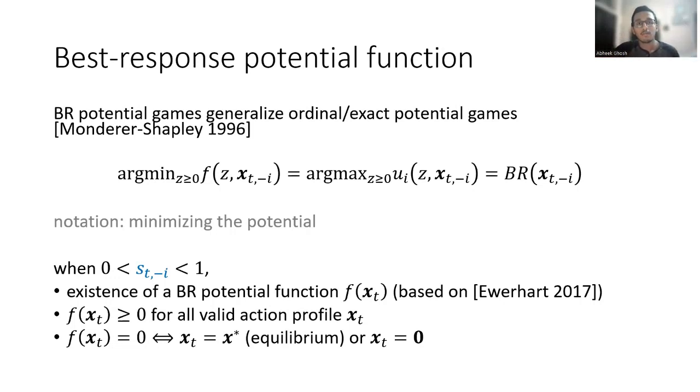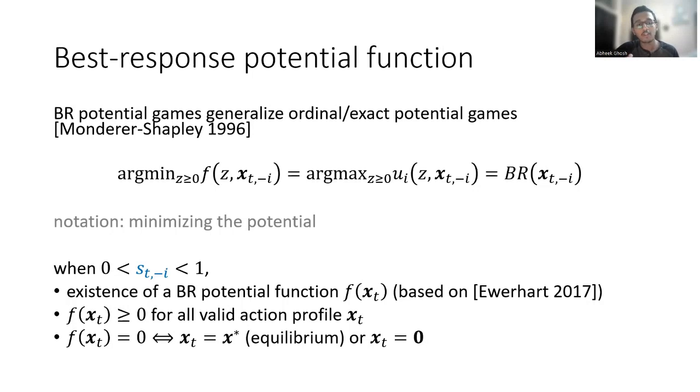Now, this is what the best response potential means. In this paper, we show that when the total output of all the other agents, except any particular agent i, is strictly between 0 and 1, then the best response action of agent i has this form, where it corresponds to minimizing a potential function f. So we show the existence of a best response potential function in this special restricted domain of outputs, and this potential function is based upon the work of Erhard.